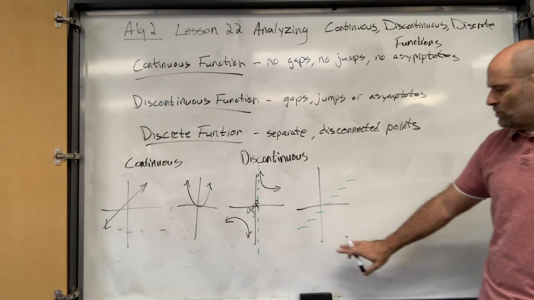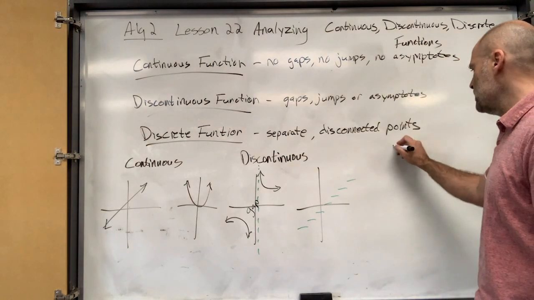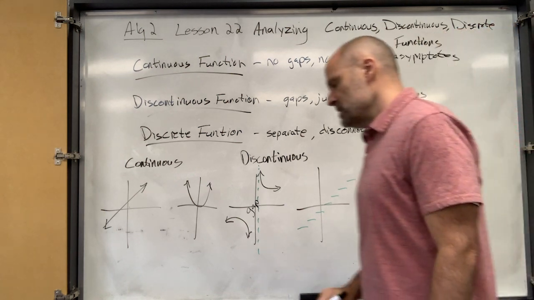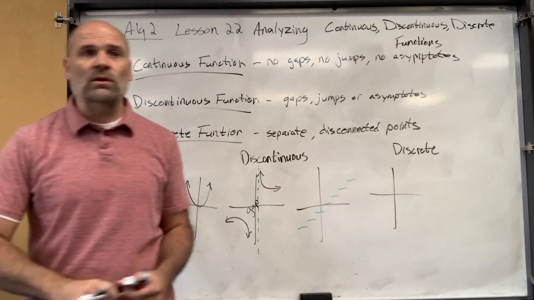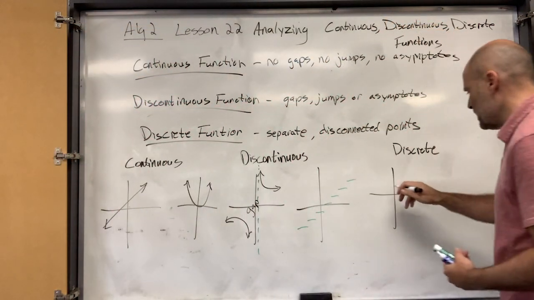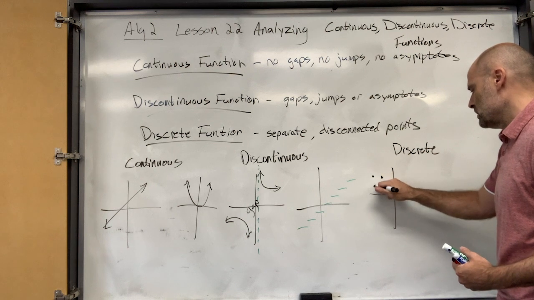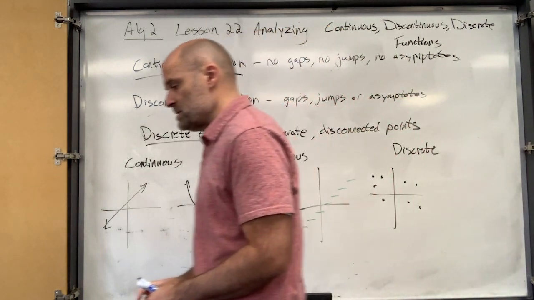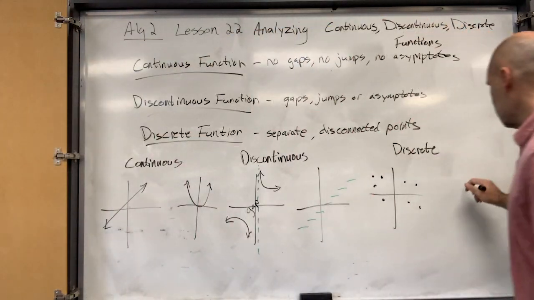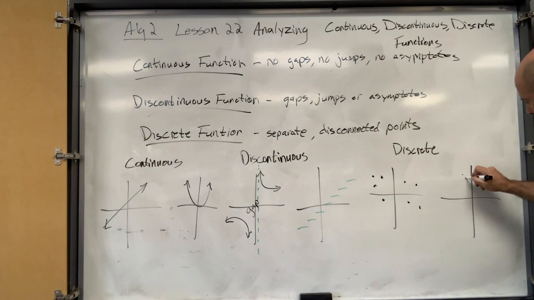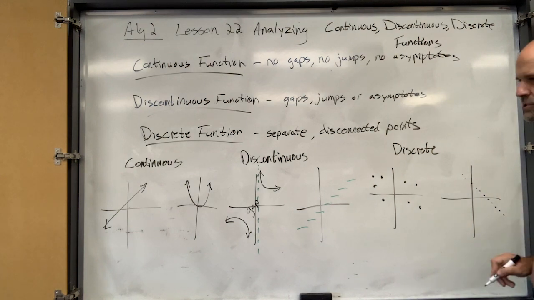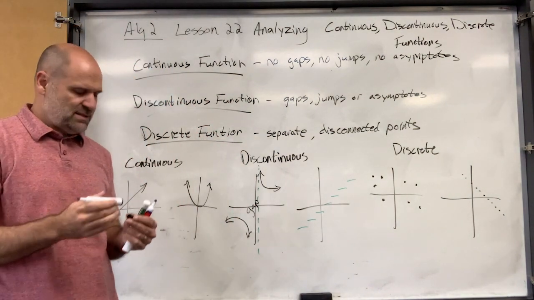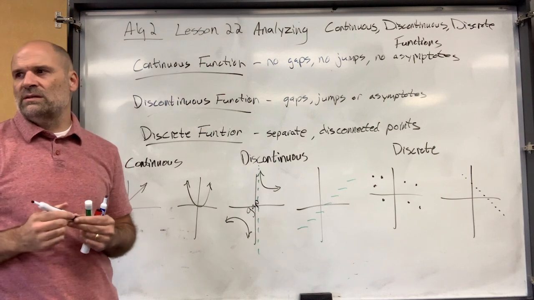And basically what distinguishes a discontinuous from a discrete function is that discrete functions are actual points, just single locations. Those are discrete functions. Or it could be like a line, but it's all the integers or something like that. So if the domain is just the integers, then that would be more of a discrete function.